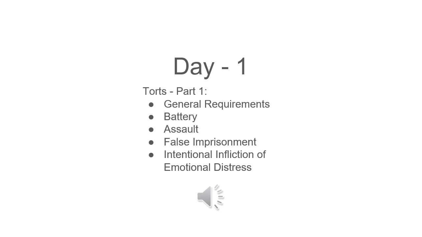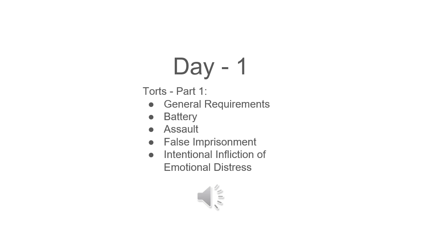Looking at third parties in the context of IIED, the defendant may be liable to a third party if the third party is a member of the plaintiff's immediate family present at the time of the defendant's conduct, or a bystander present at the time of defendant's conduct who is physically harmed by defendant's conduct.